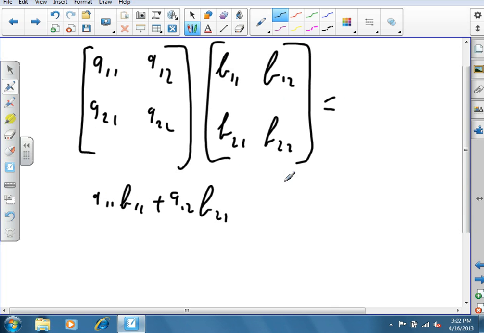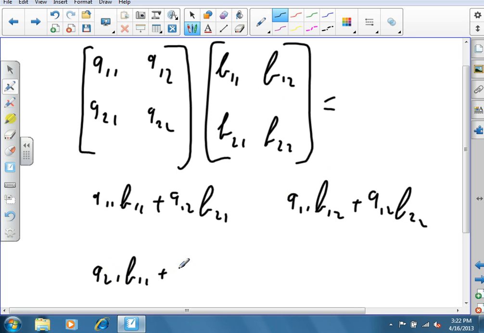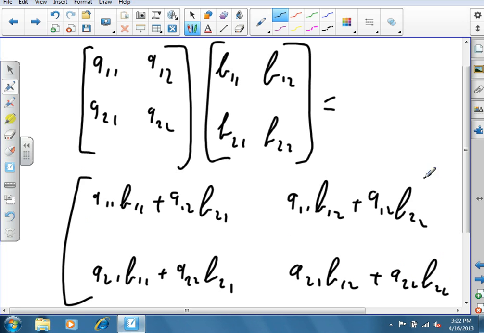This row, that column, A11 B12 plus A12 B22. This row, that column, A21 B11 plus A22 B21. This row, that column, A21 B12 plus A22 B22. Okay, so I got 4 entries, 1, 2, 3, 4, and that's the way I'm going to get them. Okay, good enough?